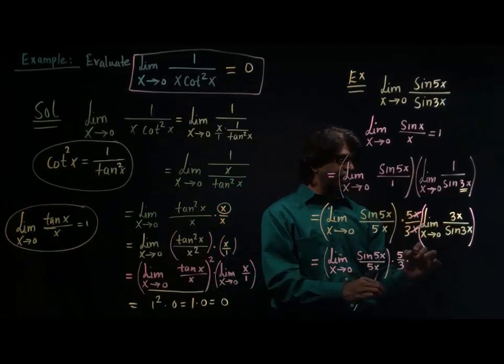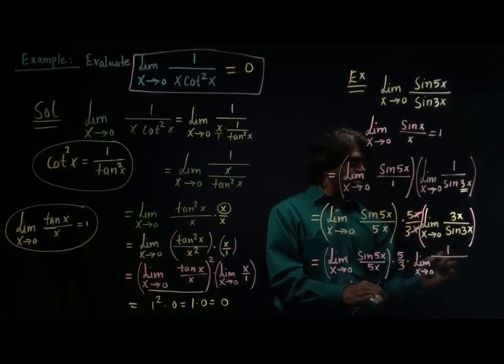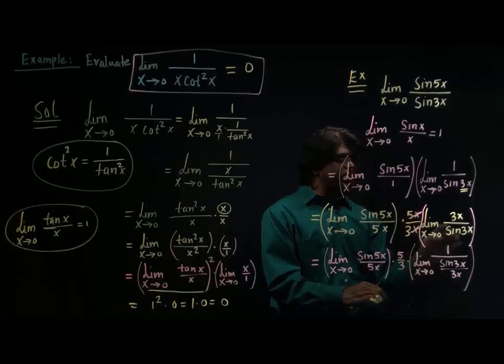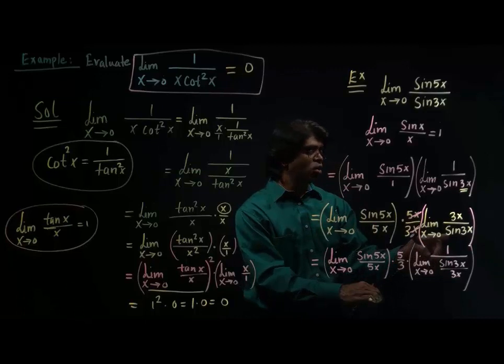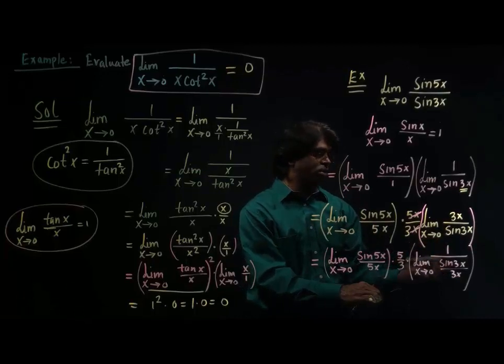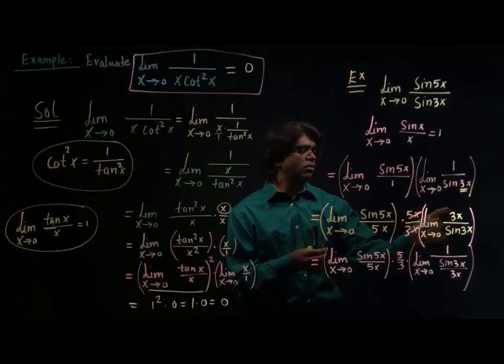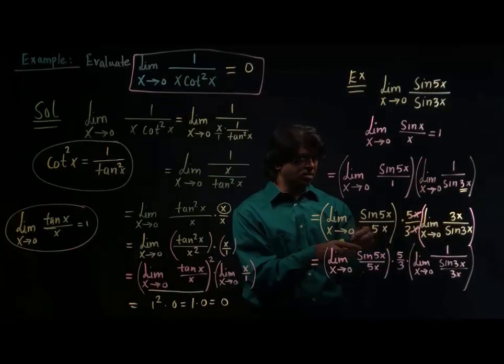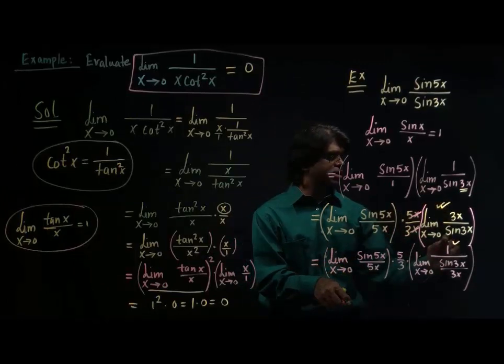And the second term that I have is what? Limit x tends to 0, I have 1 over sine 3x over 3x. Because if I flip this term, 3x over sine 3x, I can write that one as 1 over sine 3x over 3x, because if you flip it, you will get the same value I have over here. So basically this term right here is same as this term over here.